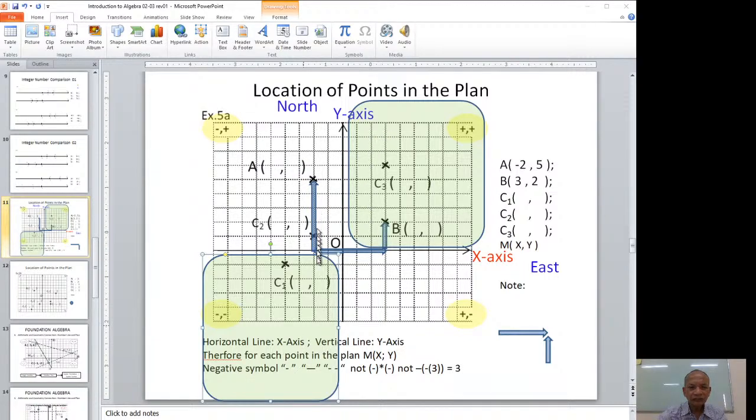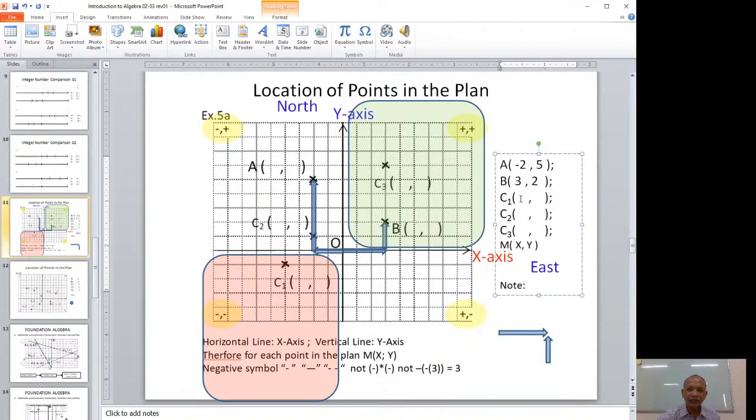Here is the region to the west and south-west: minus. Negative, that's why we should be able to identify and verify our location, like C1 here.